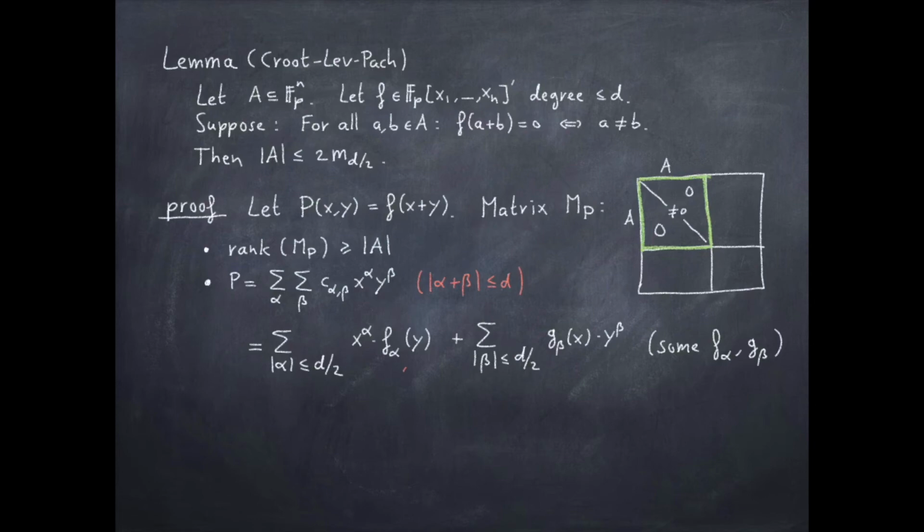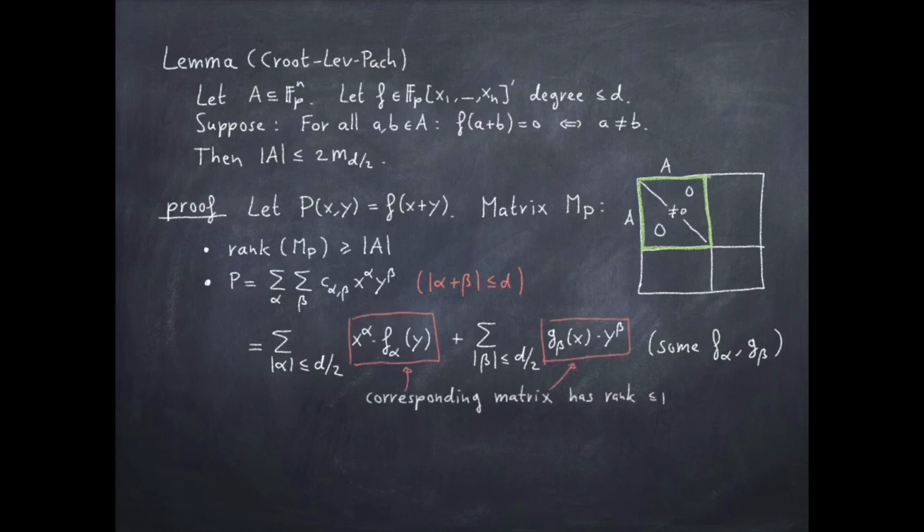So in this way we can sort the monomials into two groups: the ones where the x variables have total degree at most d over 2, and the monomials where the y variables have total degree at most d over 2. The monomials for which both the x variables and the y variables have total degree at most d over 2 can be put on either side.